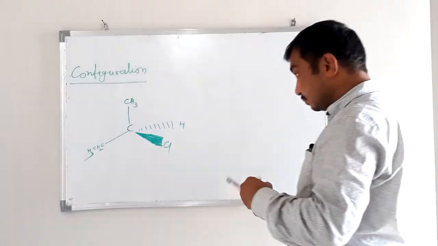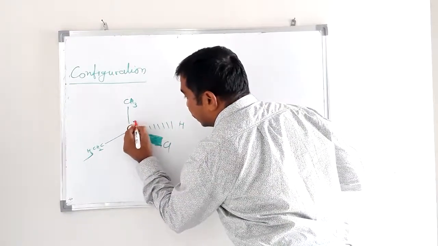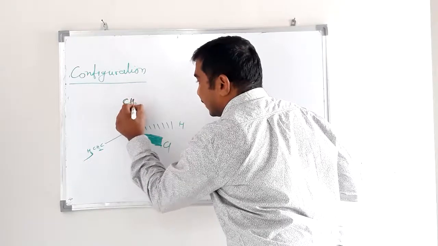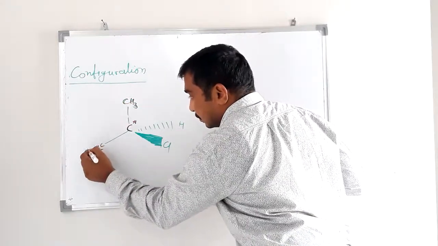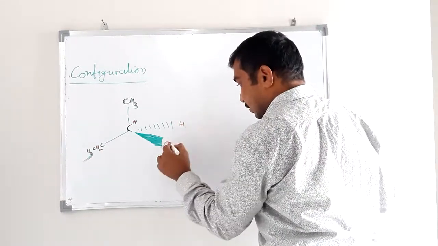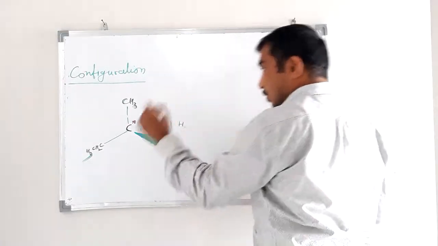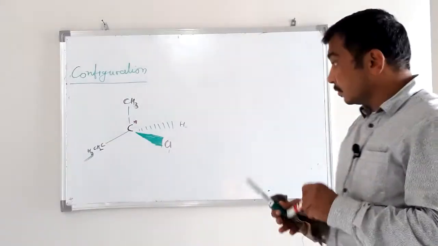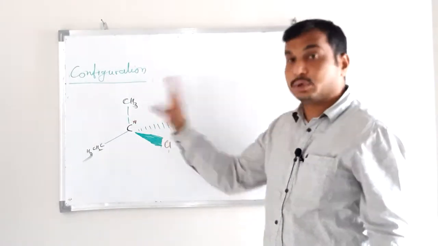In this structure this carbon is an asymmetric chiral carbon atom, with a methyl group attached here, ethyl group here, hydrogen here, and chlorine atom. Now in this structure we know the position of all the groups.